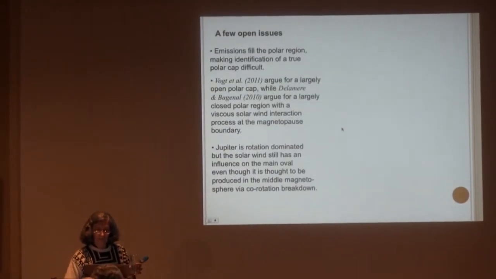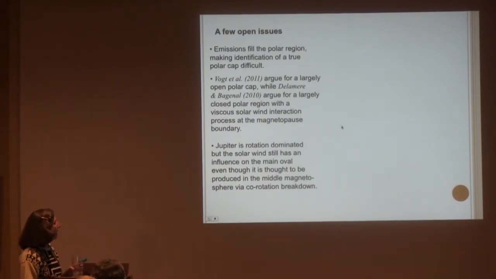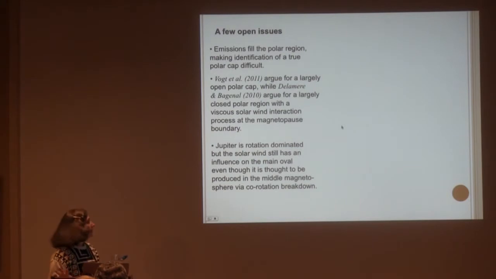And Fran talked a little bit about, we'll leave Jupiter with a brief view at that, some of the open issues, and probably one of the most fun ones, is that because the emissions fill the polar region, identifying a true polar cap is very difficult.